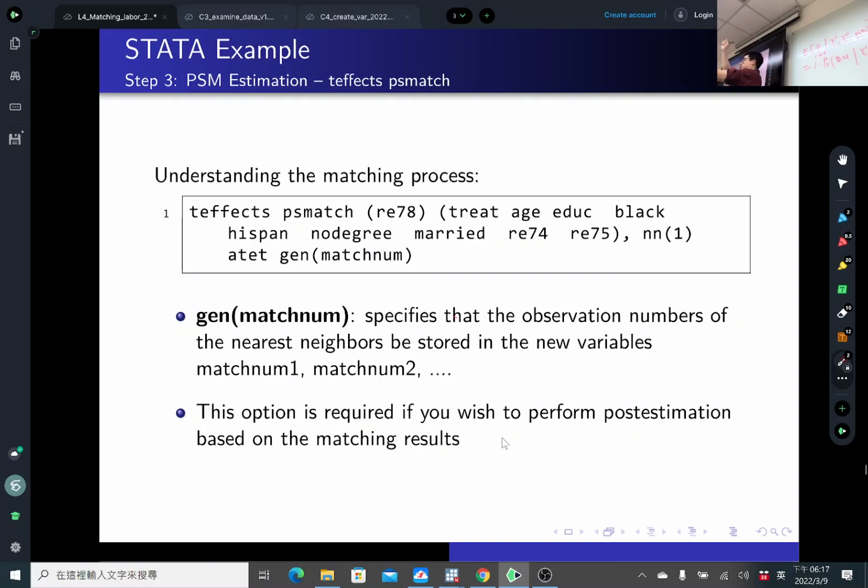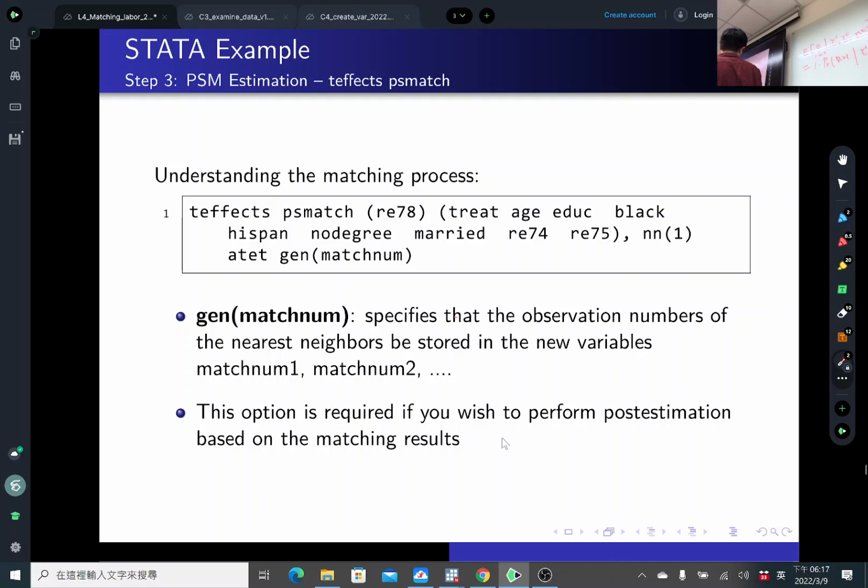This variable name, you can name whatever you want, but it will store the index, the observation numbers for the matched sample.